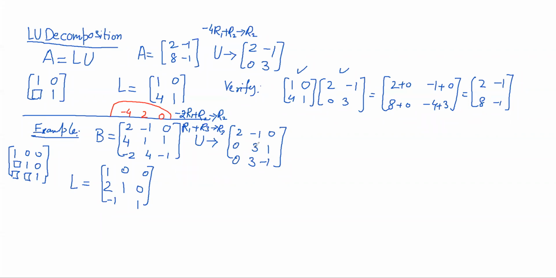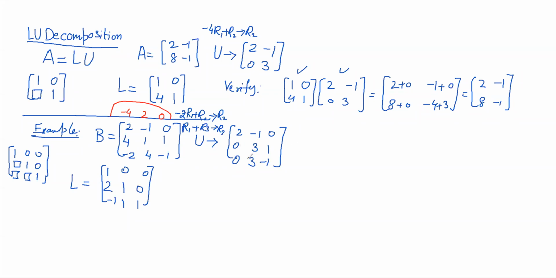This 3 will be divided by 3, that will be 1 over here. So in this case, we will complete the L, but we need to complete the U by the row operation.